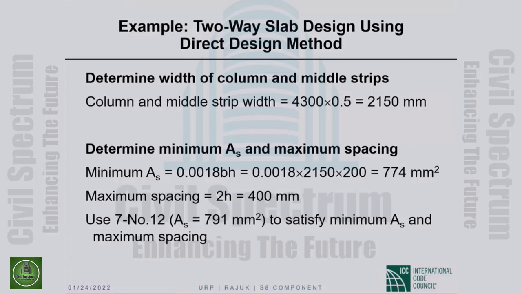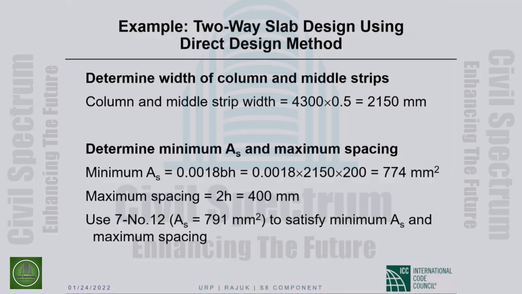There are only 2 spans in the picture, 4300, 5500. 4300 is obviously the shorter. So remember, a column strip is made up of 2 half column strips, and each half column strip is 1/4 of the shorter span. So the column strip width is half the shorter span, which is 2150, and that will leave the middle strip width to be the remaining 2150.